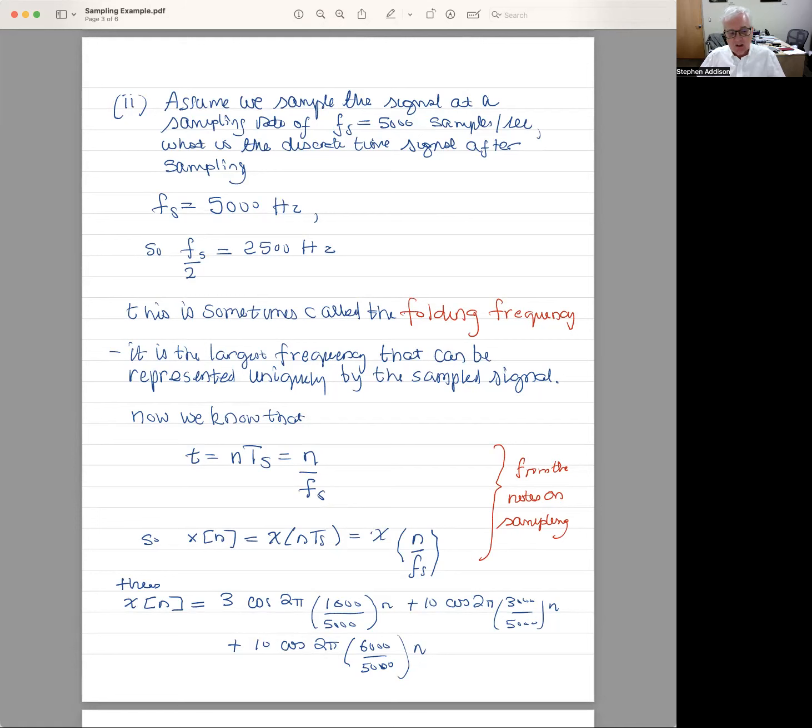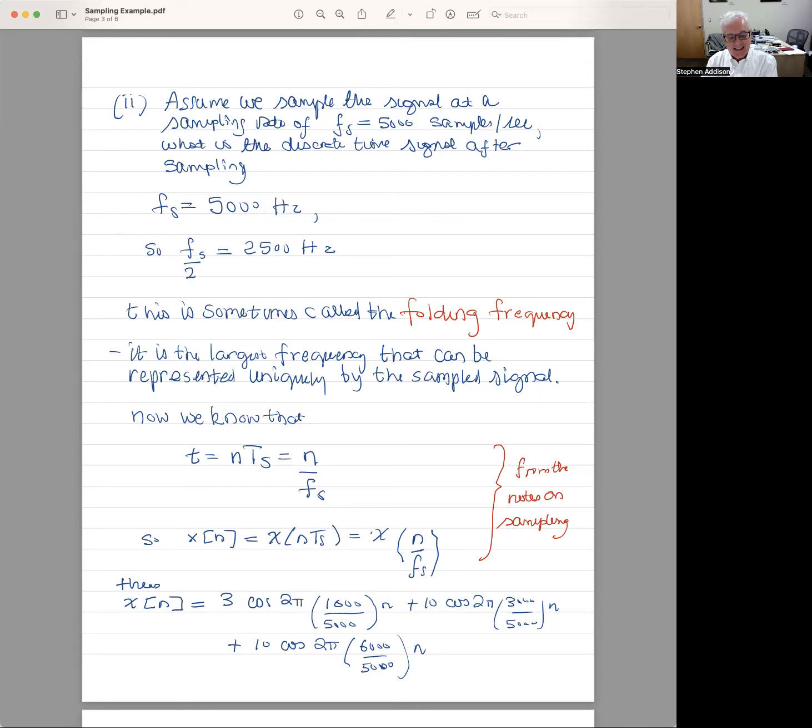Going back to the notes on sampling, on the first page we relate the time to the sampling period and the number of samples. We can then write an expression in terms of the sampling frequency, and that allows us to write our sequence from our function, which I've done at the bottom of the page.